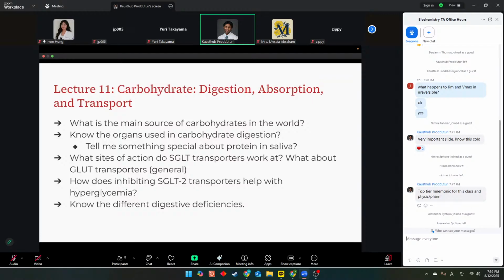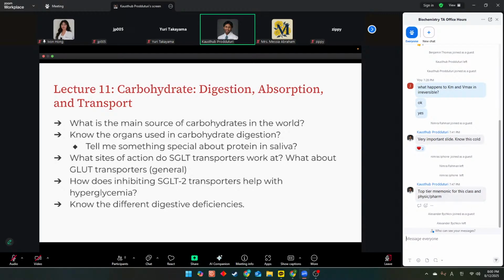Then you move on to questions about SGLT and GLUT transporters. I had a couple of questions about those. Make sure you're able to understand them, they're very important. The different SGLT1 and SGLT2, know where they are and what they're used for. The different GLUT transporters, there are five main ones that you want to know: GLUTs 1, 2, 3, 4, and 5.